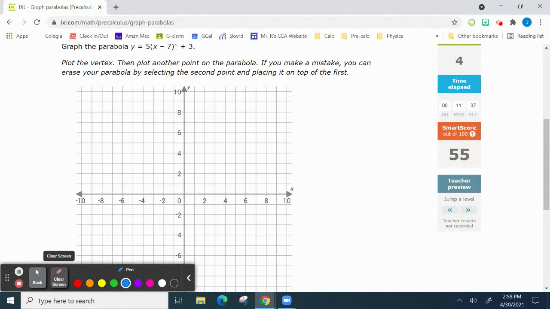And I know like I said, there might be a little more complicated things, but the basic thing is to find the vertex, and then you put in one variable to find the other variable, and that's how you find the second point. The only thing is, when you get up into the 90s, some of those problems get a little tricky because the a is 2/3, and it's just a function of this system that it only plots half integers, right?